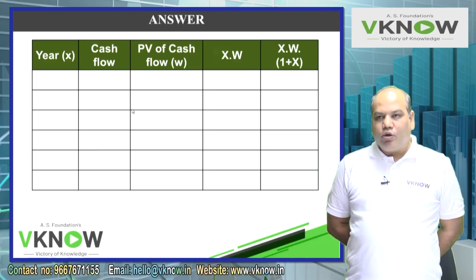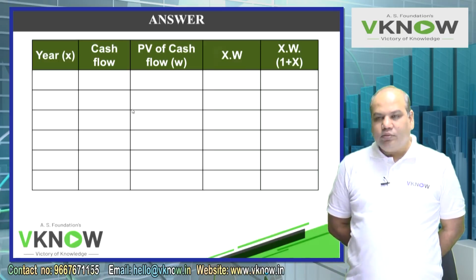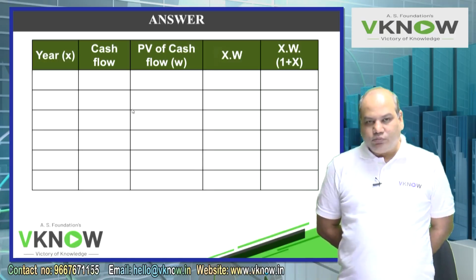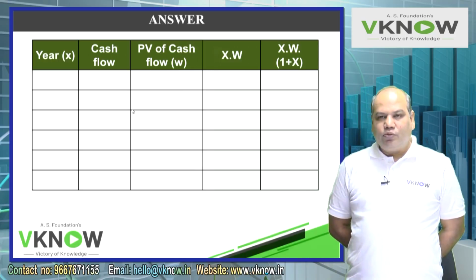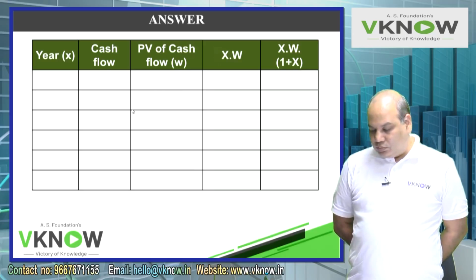First we will draw a 5-column table. Year, which I will write as x, then cash flow, then present value of cash flow, which I will write as w. W stands for weight. Then x into w.